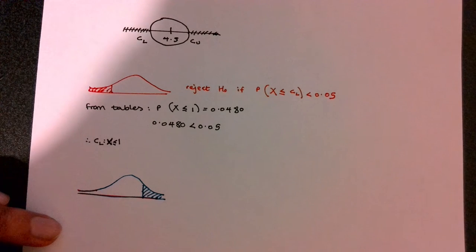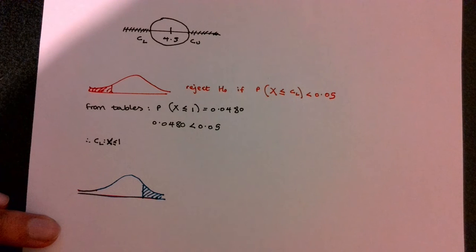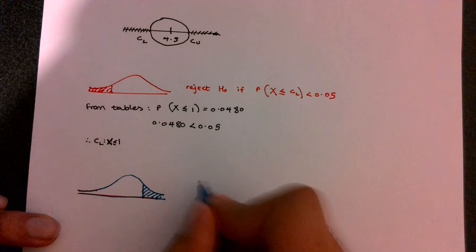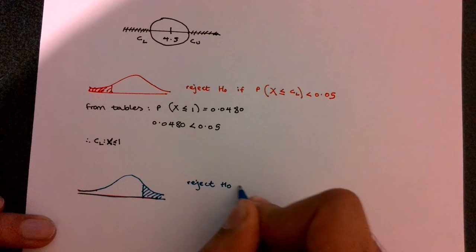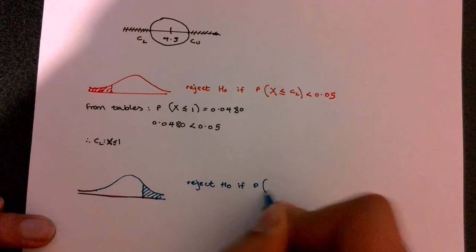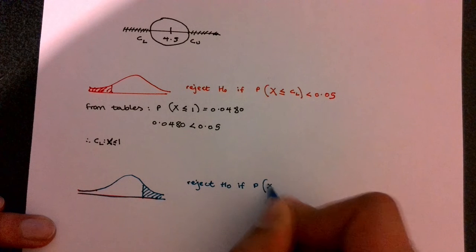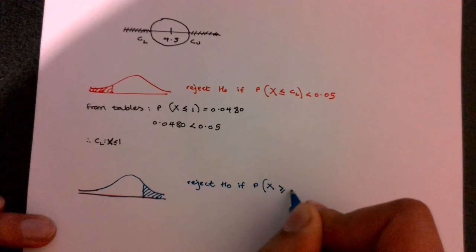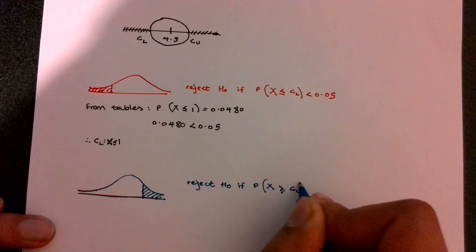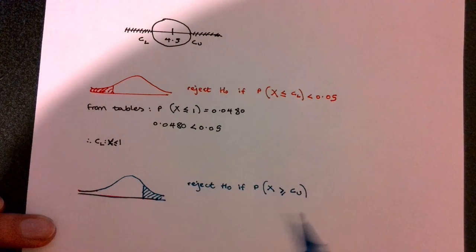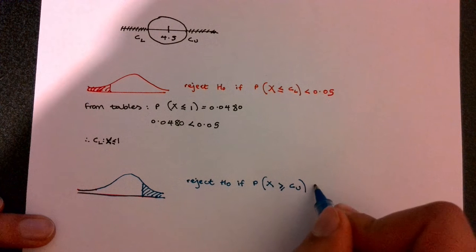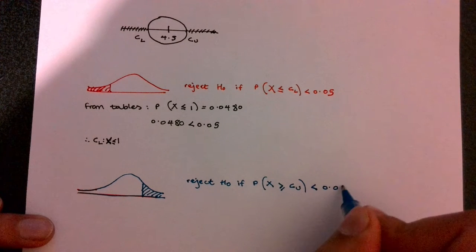Okay, and in terms of what this means, we reject H0 if the probability of x being greater or equal to Cu, because remember we want values greater than Cu, is less than 0.05.